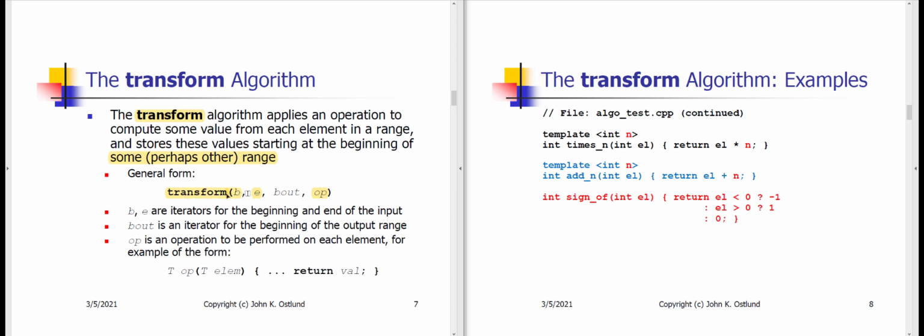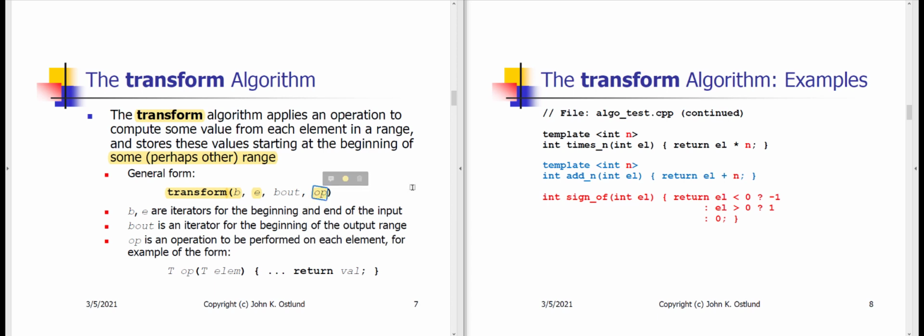If I have a vector of 10 items and I try to do this transform and put the output into the beginning of a vector with only 4 items, well, at some point my program is going to crash because I can't write 10 values into a vector that's only capable of containing 4 values.